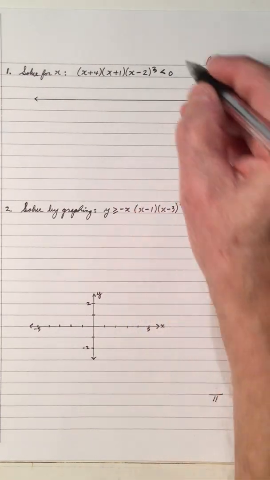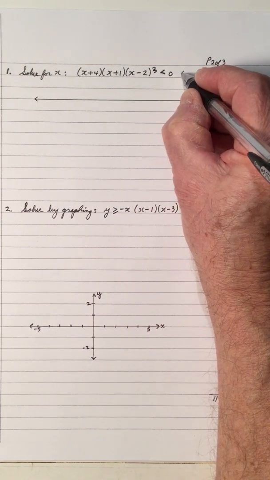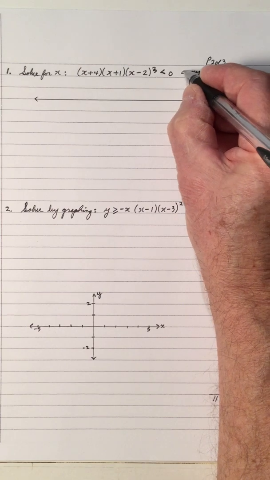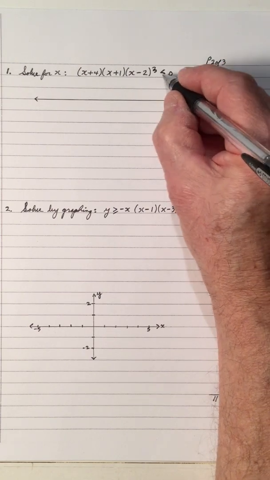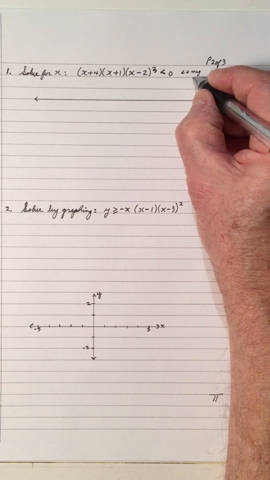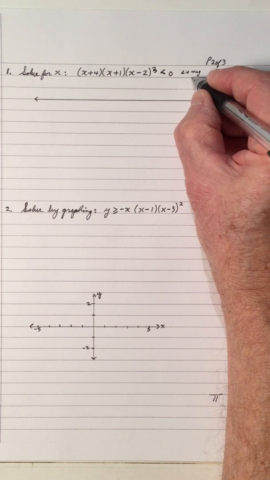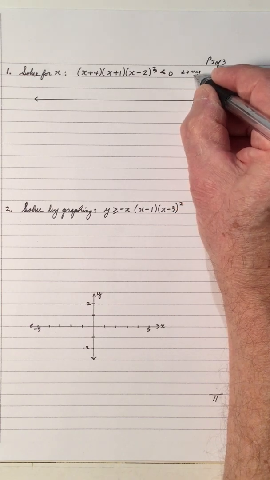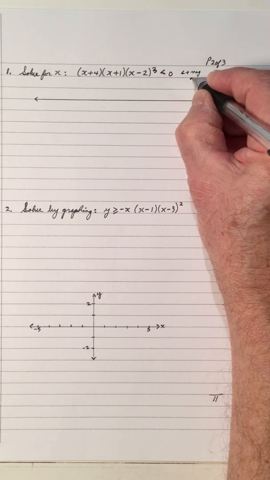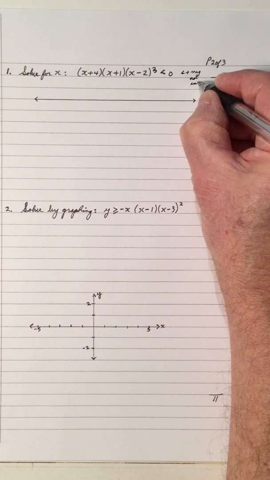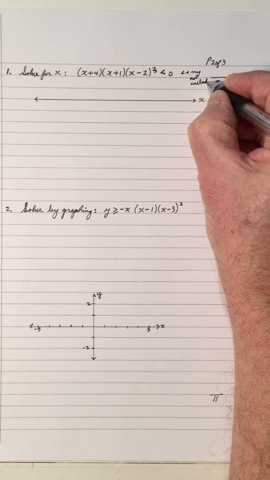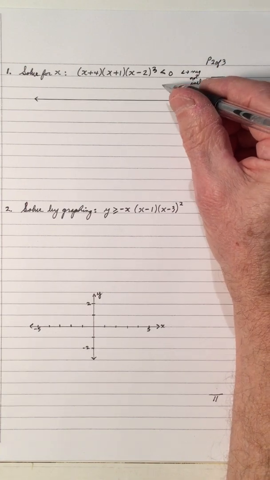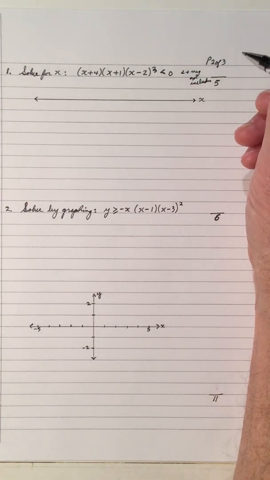And less than 0 means that we're going to look for the negative numbers, and because there's no equal sign, that means that the x values, or the x-intercepts, or the values of x that give you 0, are not included. They're not included. So in terms of this, it is a round bracket instead of a square bracket.